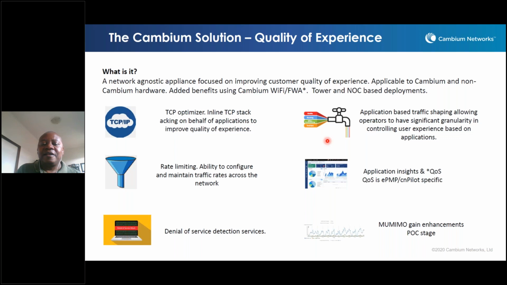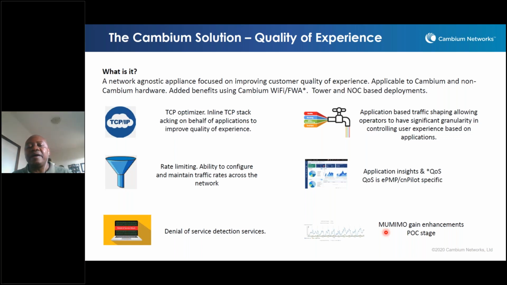Then for networks that are already using ePMP or the 450M, which has MU-MIMO, we have something called MU-MIMO gain enhancement.